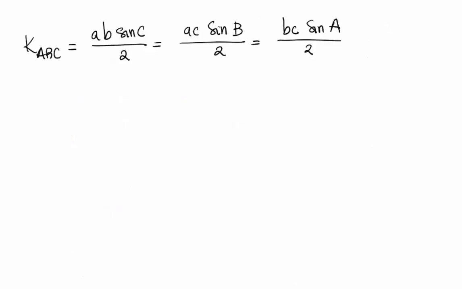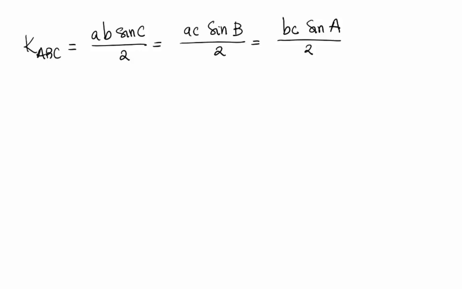So to summarize, so far we have proved that AB sine of C over 2 is equal to AC sine of B over 2, which is equal to BC sine of A over 2. All of these are equal to the area of the triangle ABC.